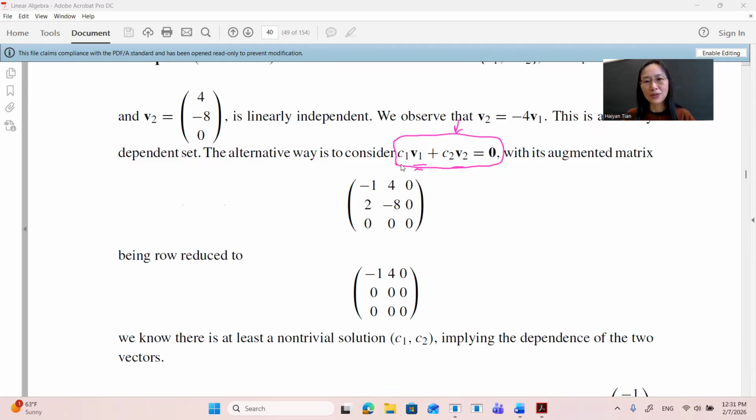Yeah, because the trivial solution is always there for any homogeneous system. So you see, a non-trivial solution of a homogeneous system implies linear dependence of vectors. If you have only trivial solutions for the homogeneous system, that means independence, linearly independent vectors.